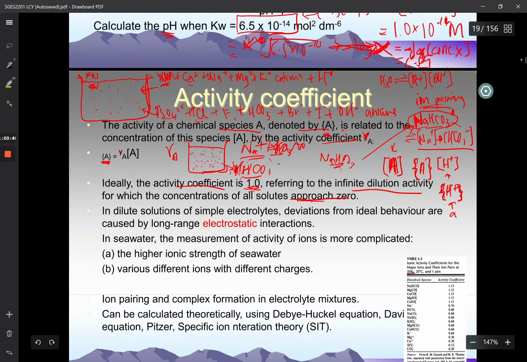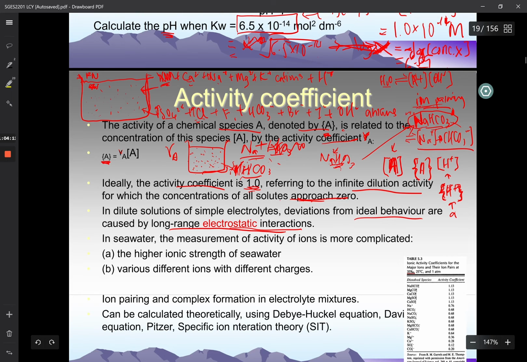In dilute solutions of simple electrolytes, deviations from ideal behavior are caused by long-range electrostatic interactions. This is because when ion pairings happen, it's because of these electrostatic interactions.